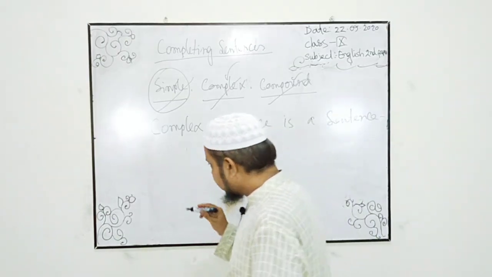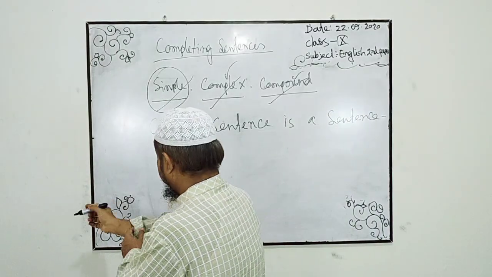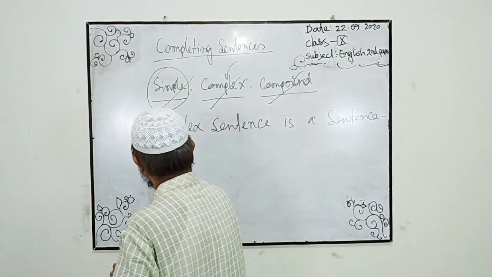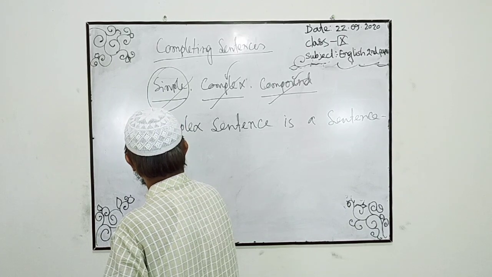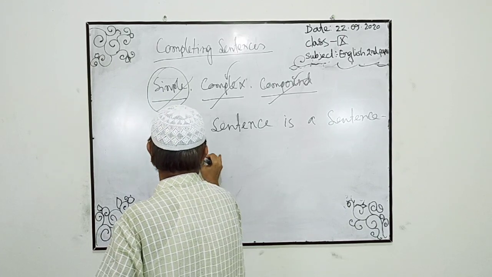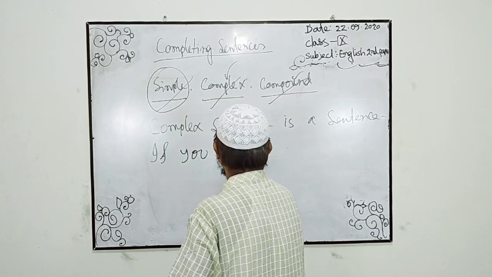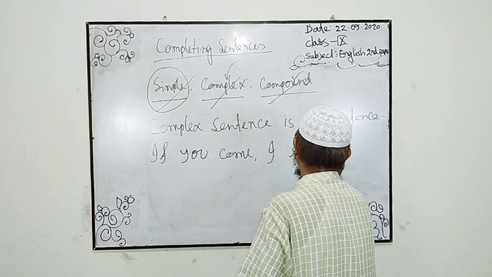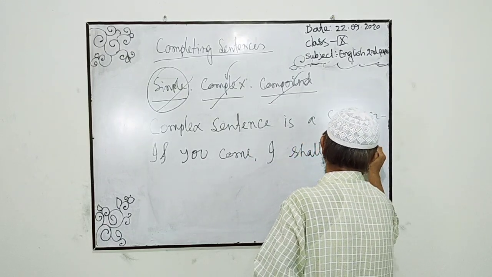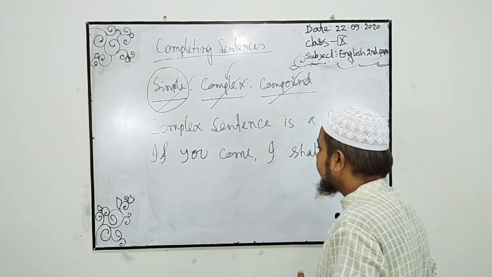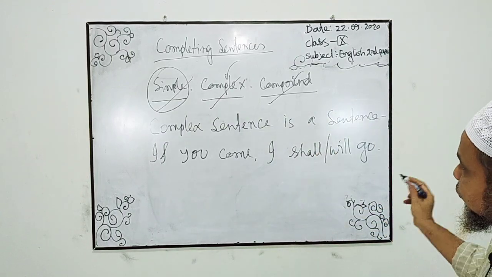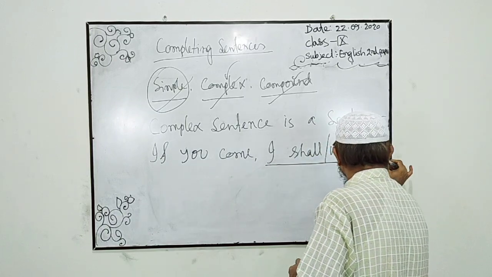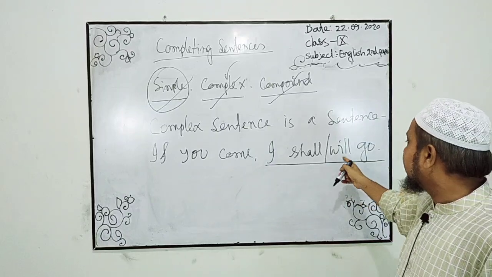For example, look at the board and listen and watch very carefully: "If you come, I shall, will go." Here is a sentence and it is a complex sentence because it has a principal clause, I shall or I will go.